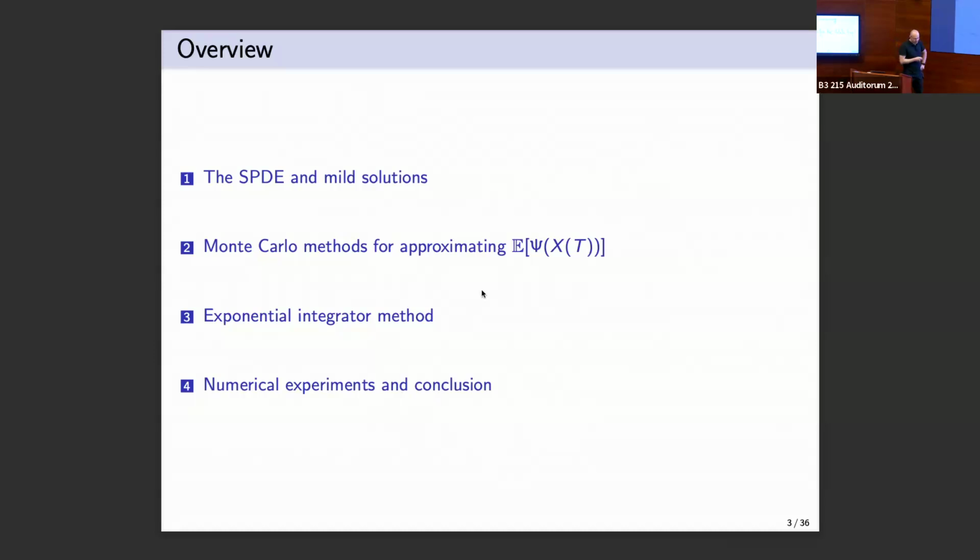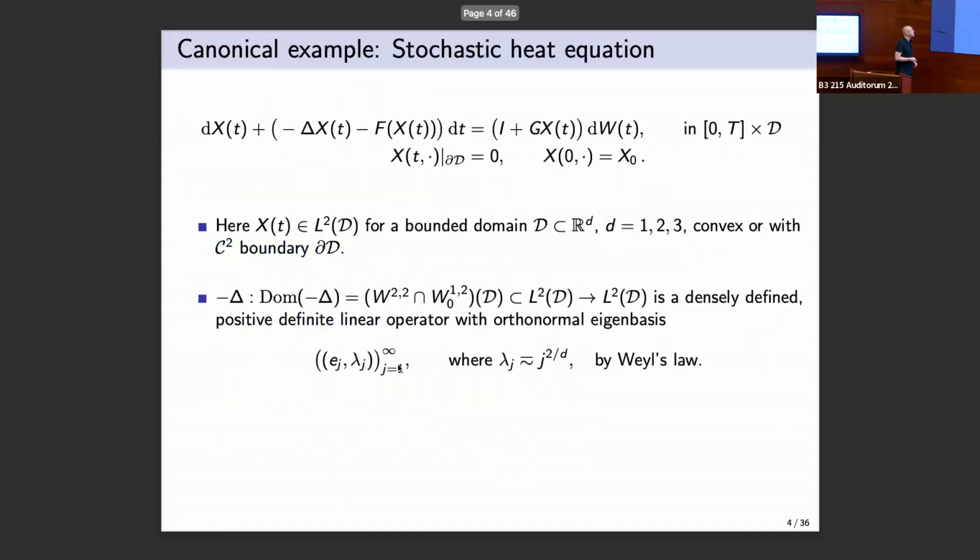And I will present some general theory for multi-index Monte Carlo methods also for solving this problem. And then I will zoom in on one particular method which actually works for this purpose. It works pretty well. And it's not that easy to find a method that works for this purpose, actually. And then in the end, I will show you some numerical results.